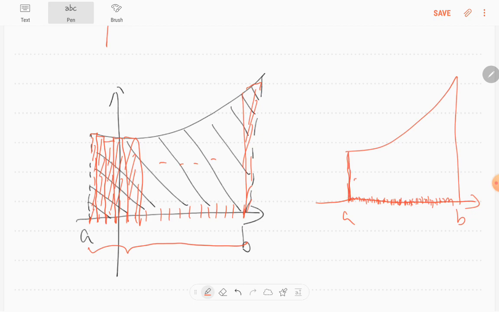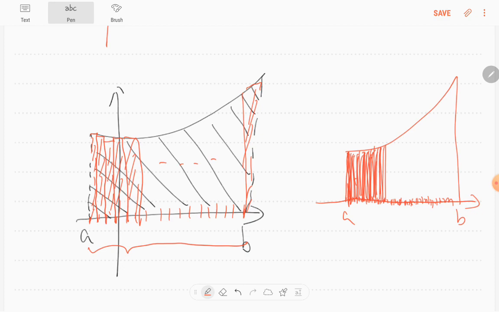If it's tiny enough, then the rectangle looks like a straight line. If you add these straight lines up, it would be the exact area, right?